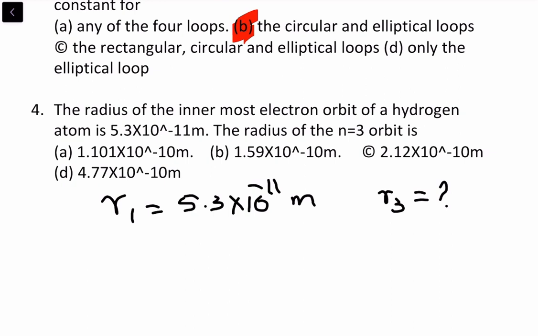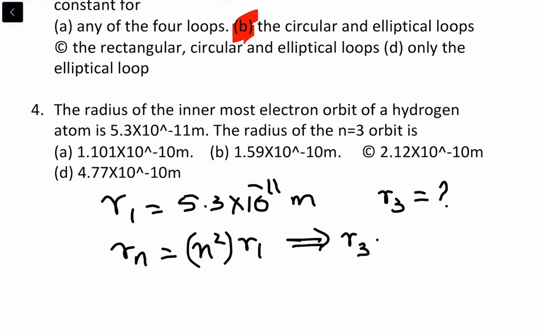We have a formula, Rn is equal to n square into R1. In this case, n is equal to 3. Therefore, R3 is equal to 3 square into R1.